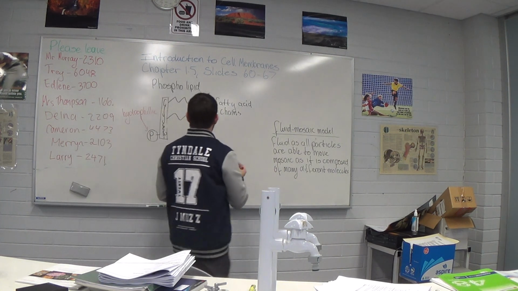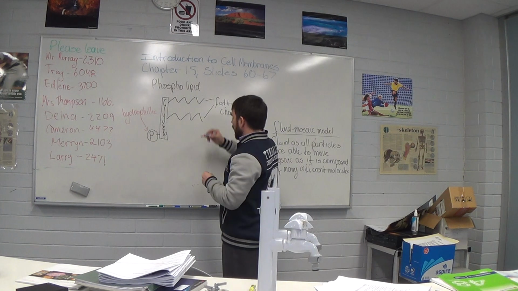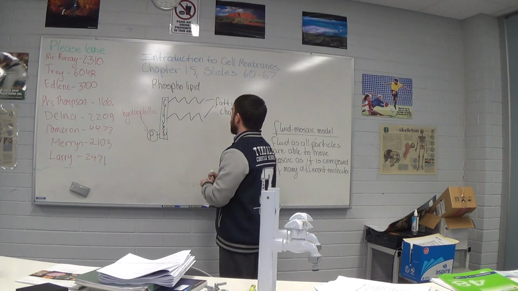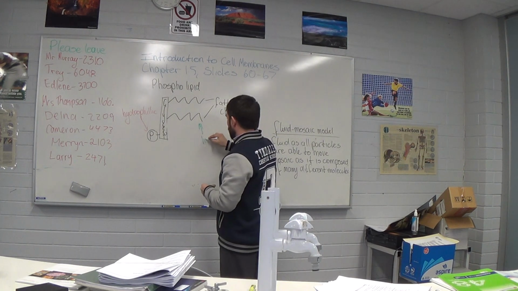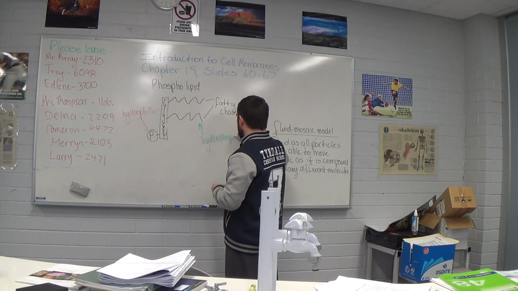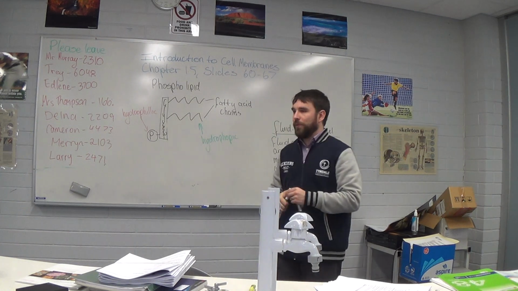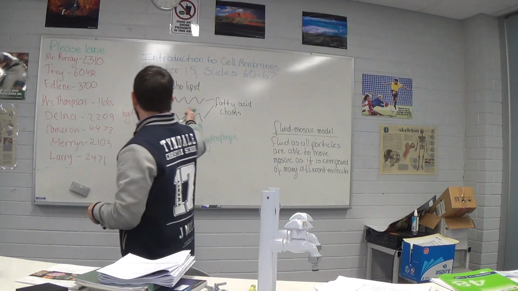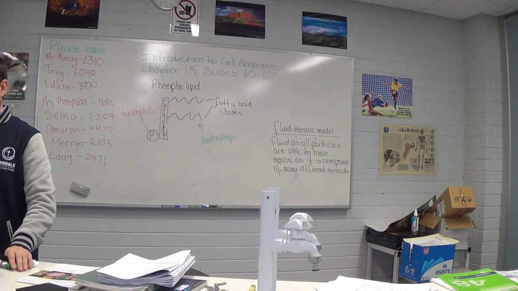So we call it hydrophilic. And over here, the fatty acid chains do not like water at all. So they are hydrophobic. So we have this water-loving side and this water-hating side.